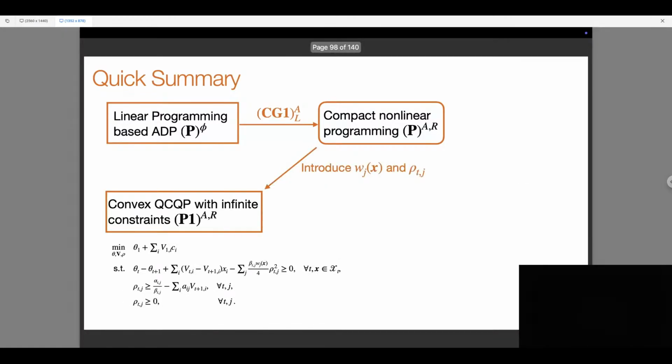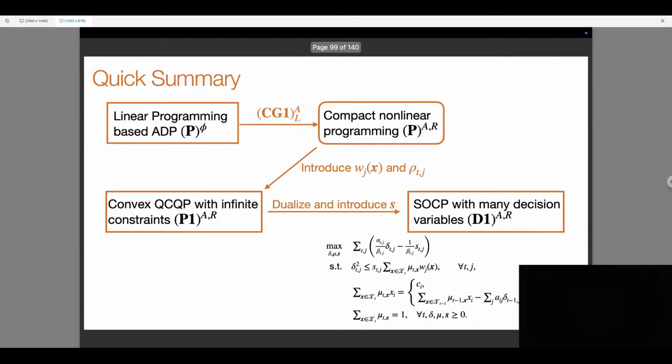So we introduce the w_jx and rho_tj to get a convex QCQP with infinite constraints, P1AR. And we do dualization and introduce a decision variable s. We get an SOCP with many decision variables, D1AR.